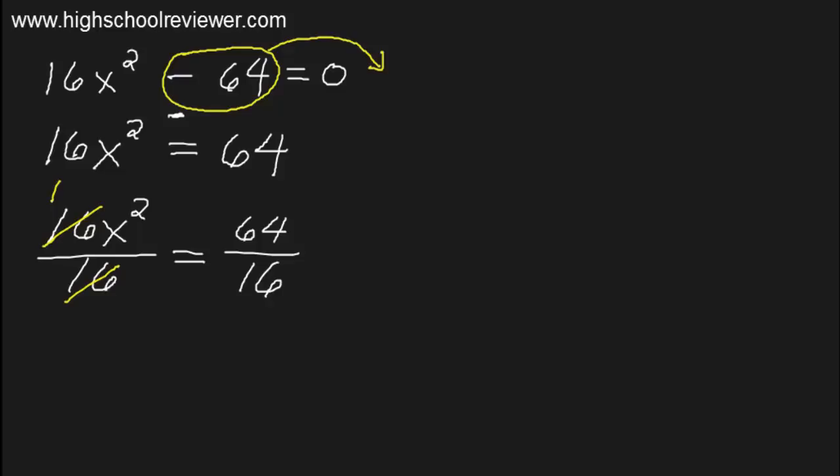So 1 multiplied by x squared gives us x squared. And then 64 divided by 16 is equal to 4. To solve for x, we need to extract the square roots. So extracting, we are going to raise both sides of the equation to 1/2.